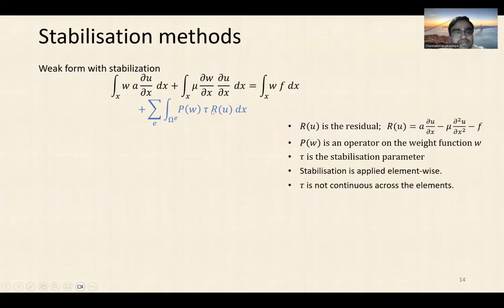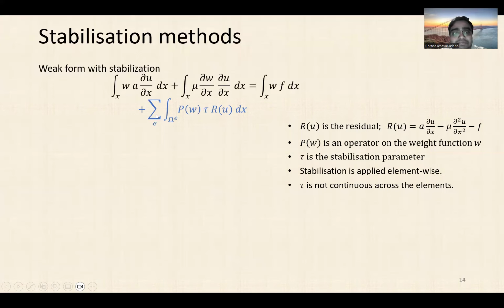Here R(u) is familiar to us, which is the residual of the PDE. And P(W) is an operator on the weight function W. And here tau is the stabilization parameter.